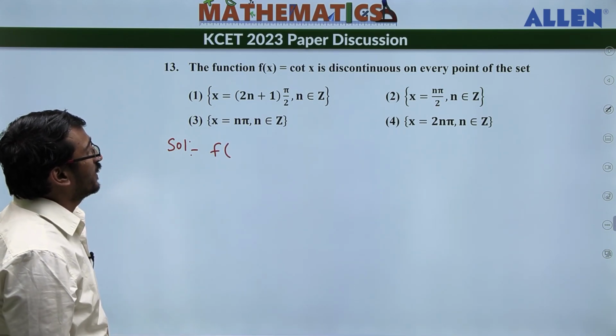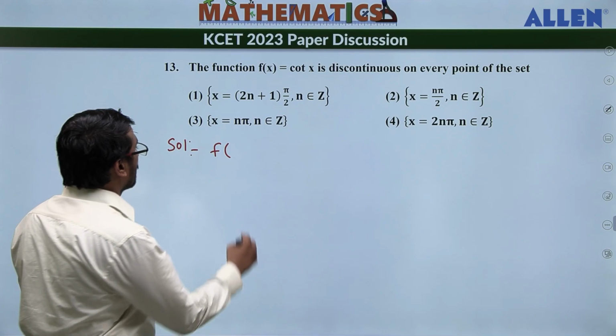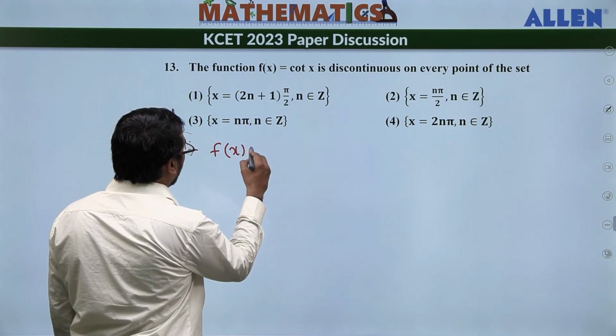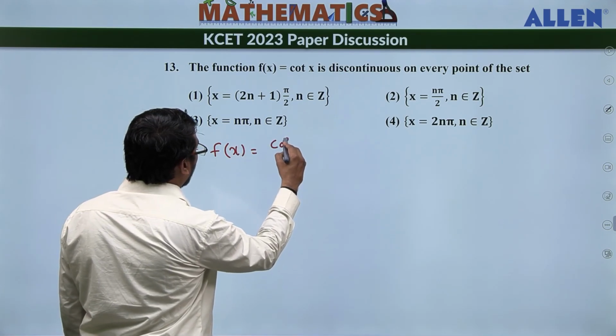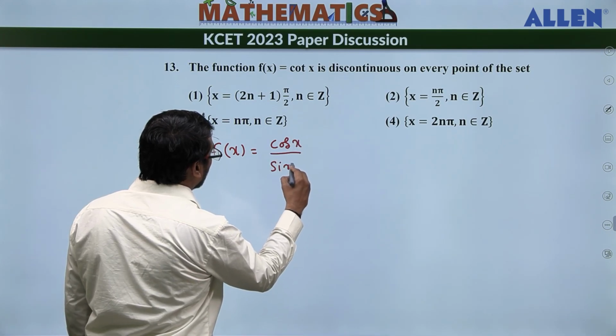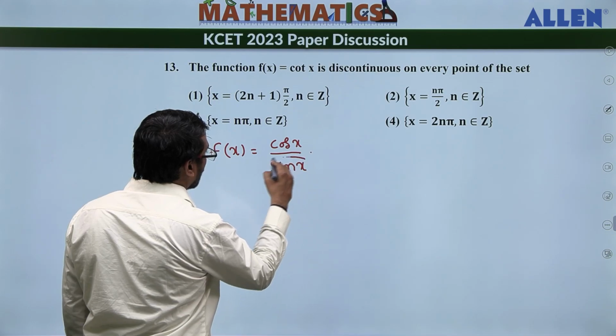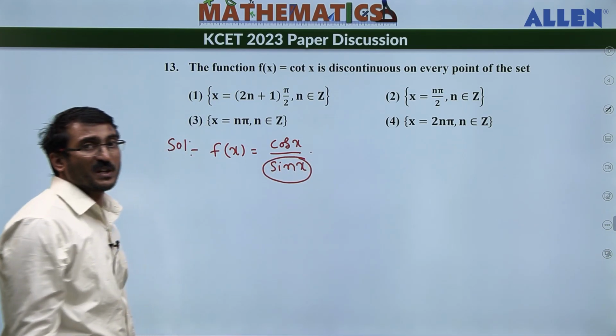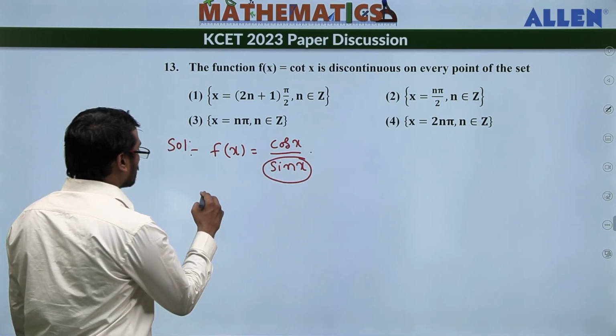Set of points of discontinuity of cot x, that is cos x by sin x. The function is discontinuous if sin x is 0.